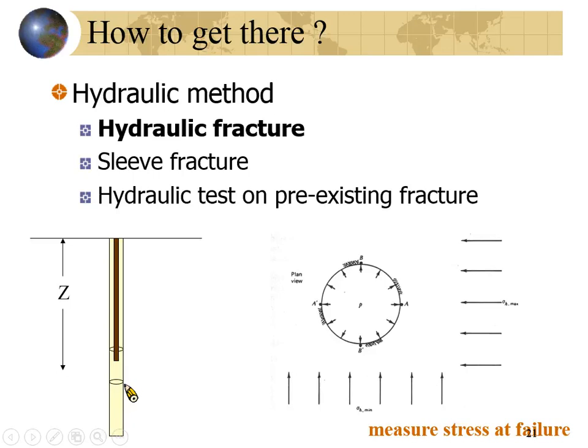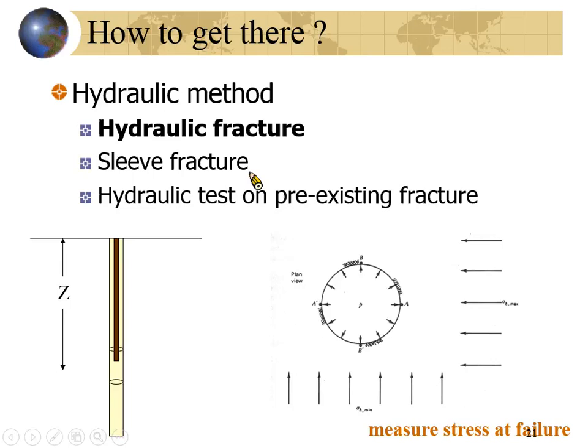Here I want to introduce two other methods briefly. The first one will be the slip fracture. We will not use water to make the rock break down. You will use a mechanical device that can expand freely.